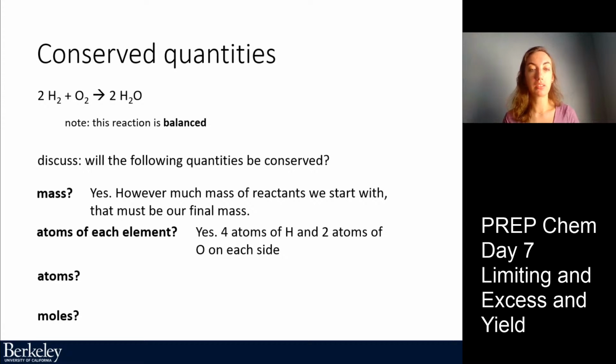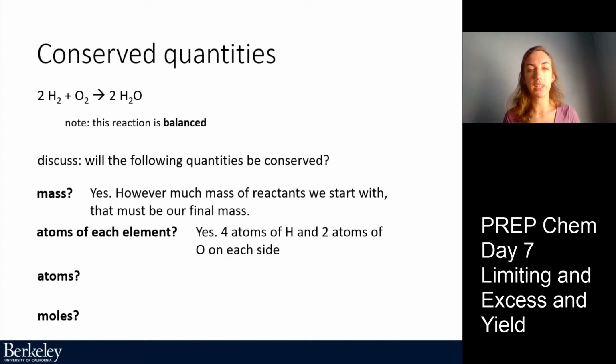Atoms of each element, yes, so that's what we relied on in order to balance our reaction. So I have 4 atoms of H and 2 atoms of O on each side. So no matter how far along I am in the process of running my reaction, I'll always have the same number of hydrogen and oxygen atoms.